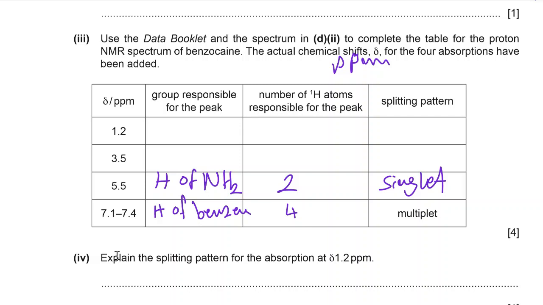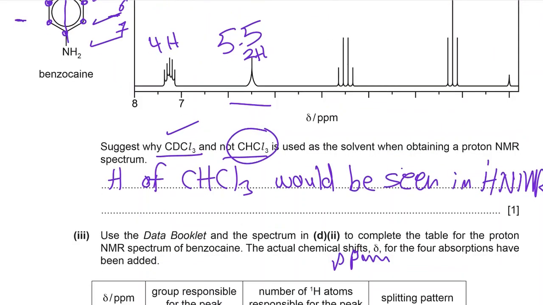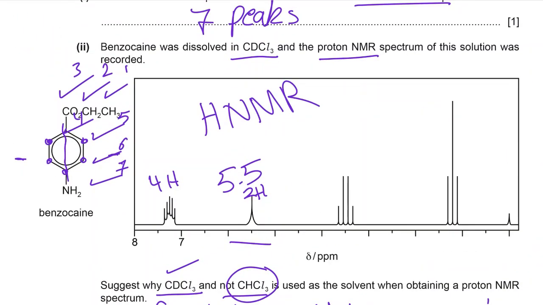Now we have solved this one, now 3.5. This one, 3.5, it's very clear. That means this is a carbon which is holding hydrogen, which is bonded directly to the oxygen.